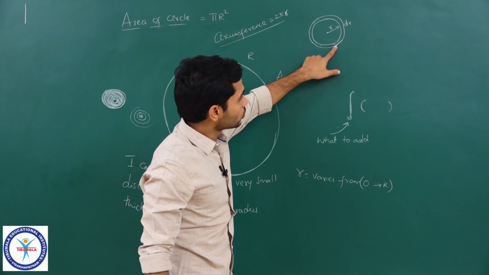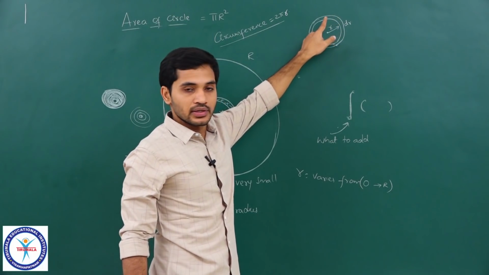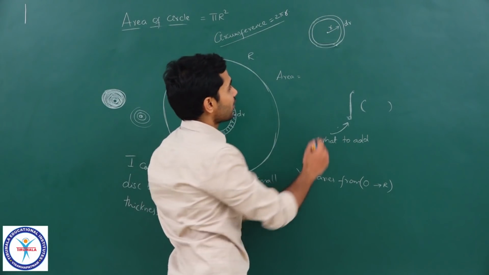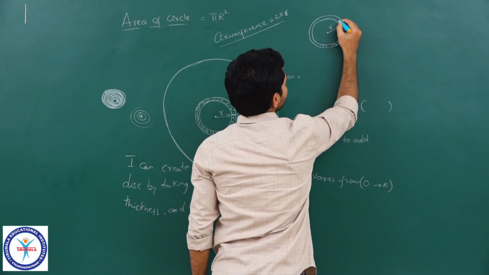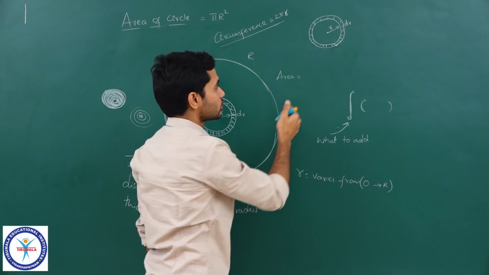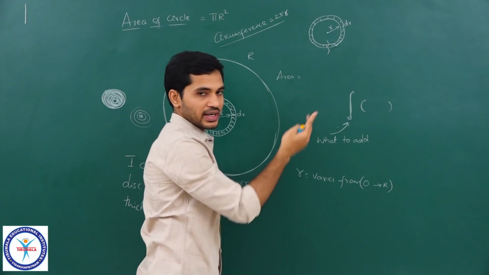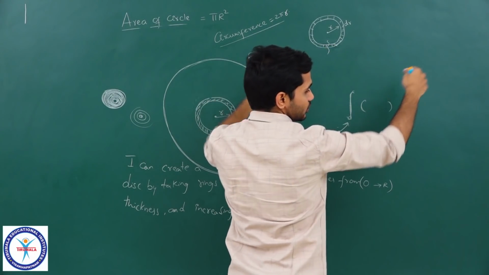Now if you look here, if I consider this particular ring and I have to find out its area, what I am going to do is cut this ring at one position. So let us say I am cutting it here. After cutting it here, I am going to spread it in this manner.